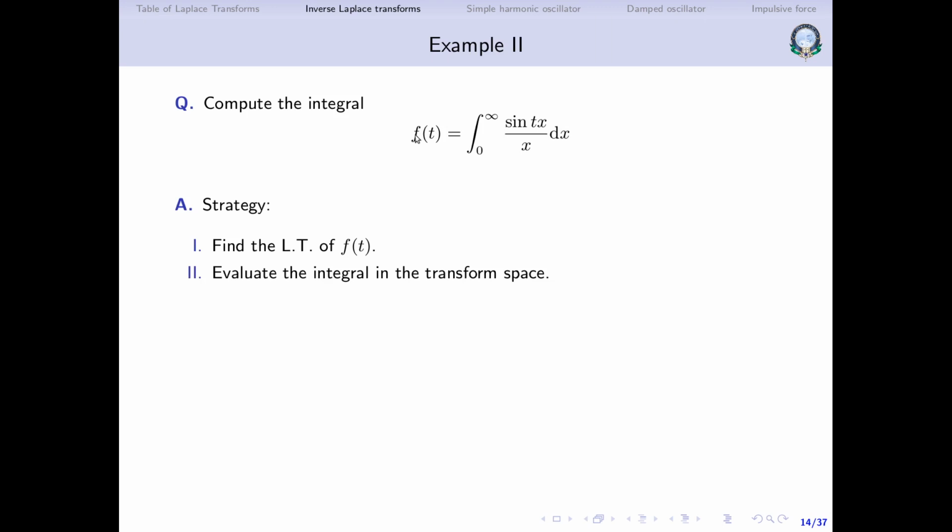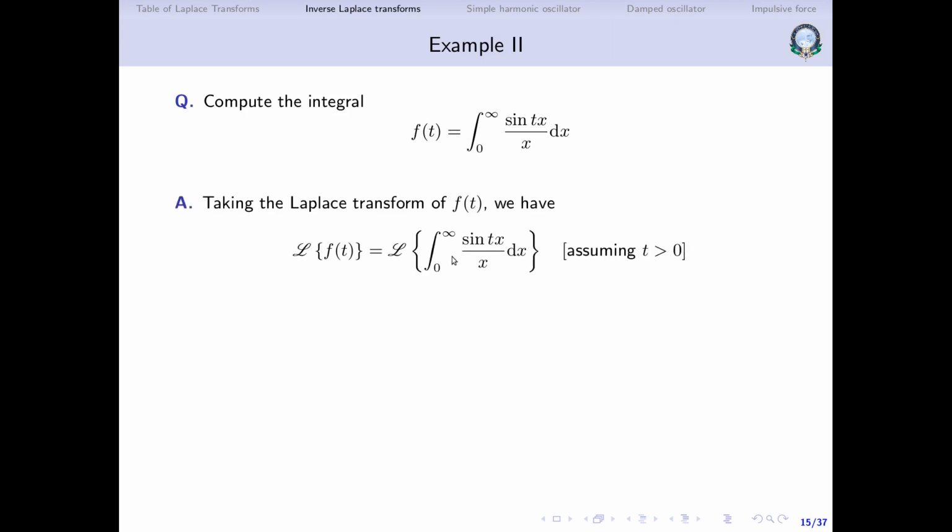This function is a function of t, so the transform space will be a function of s. The space which contains values of s is the transform space. This same integral we will evaluate not in the t space, but in the s space. And once we get the integral there, we just need to take the inverse Laplace transform of the integral. That will give us the solution.